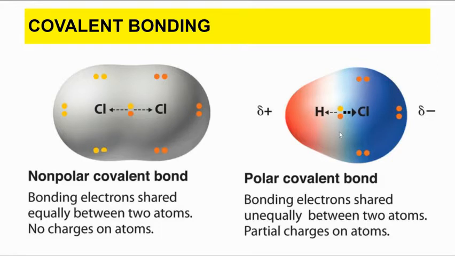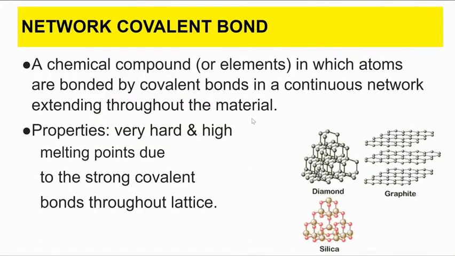Since it's not equal in how it's being shared, we develop a partial positive and a partial negative charge. In other words, chlorine is the bigger winner of this electron. This electron is situated around chlorine, giving it a partial negative charge more than hydrogen, which is why hydrogen is partially positive. Again, if something is polar or nonpolar, it affects solubility.